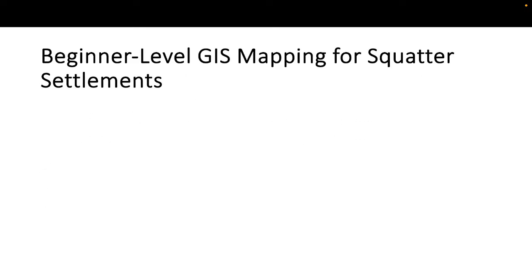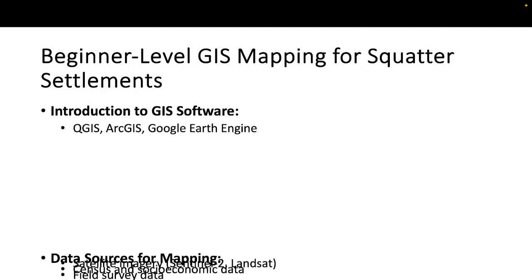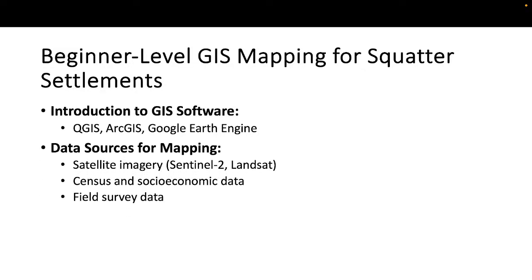You can also do different types of mapping with software such as QGIS, ArcGIS, and Google Earth Engine, or use different Python libraries. For data sources for mapping, you can use different types of satellite imagery, such as Landsat, Sentinel, or any high-resolution satellite imagery.